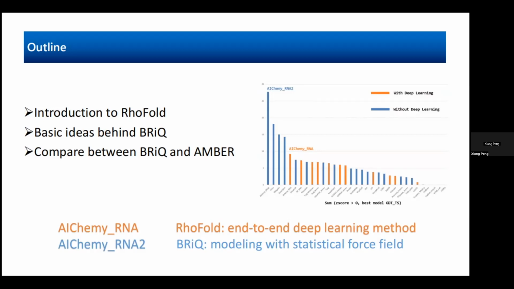One is a deep learning method called RoFold, and the other is the statistical method called BRiQ. In this talk, I will introduce the overall architecture of RoFold and the basic ideas of BRiQ, and then I want to make a comparison between the statistical force field and the classical molecular force field.